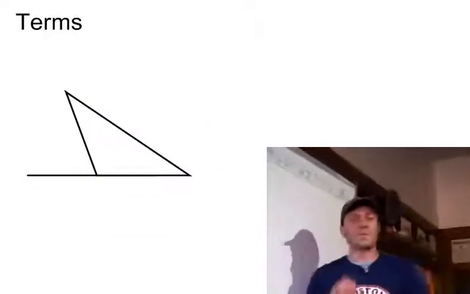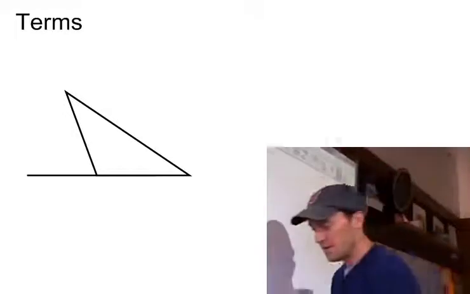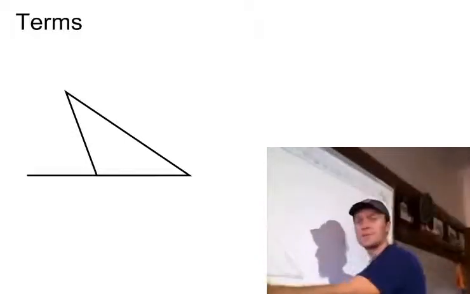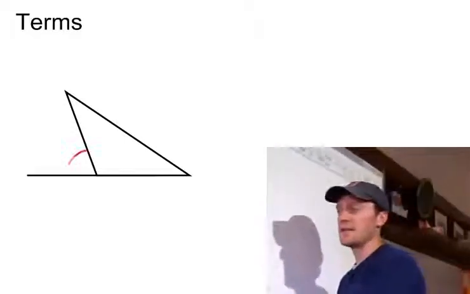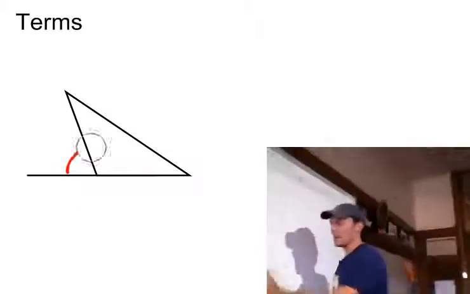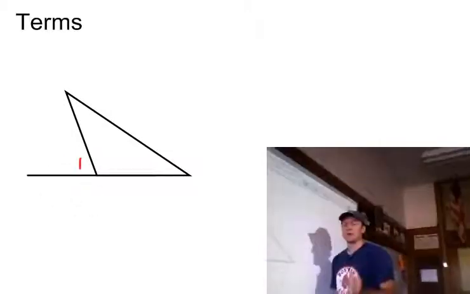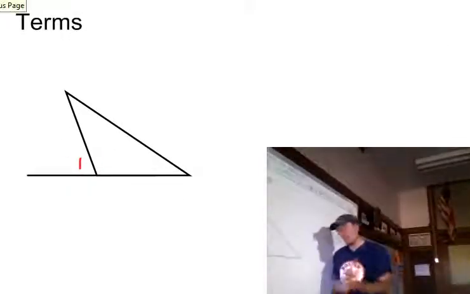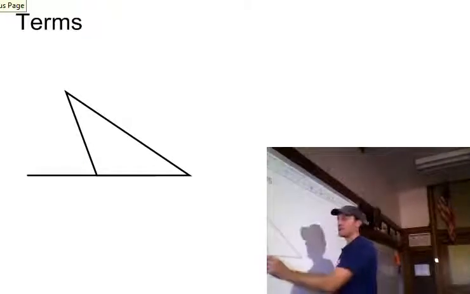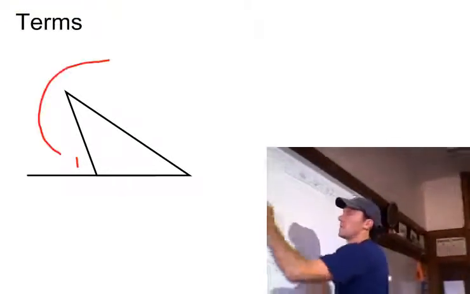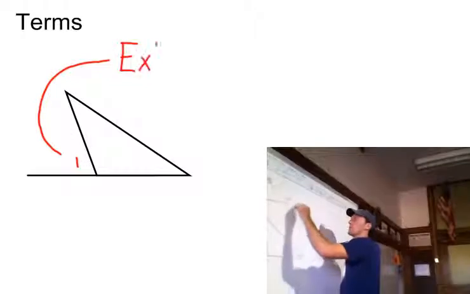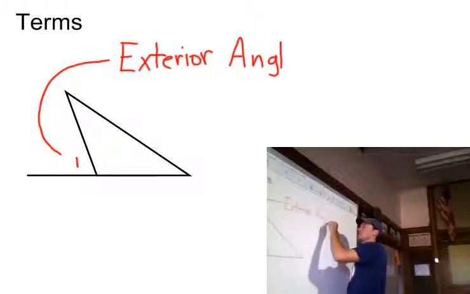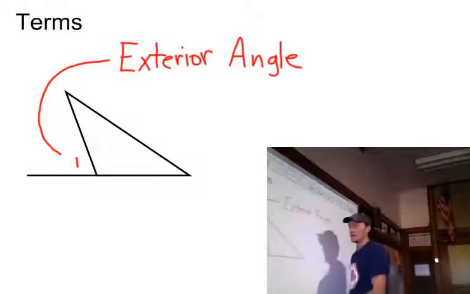All right. Before we get on to this last theorem, I just want to give you guys a couple terms. When you have a triangle and you extend a line out, that line makes this angle, I'm going to call this angle 1. Angle 1 is the exterior angle. Then some other angles are formed.